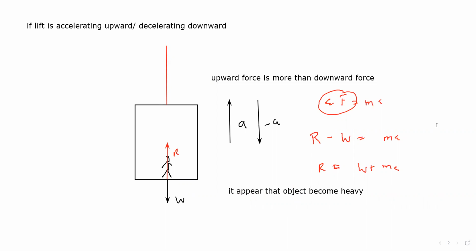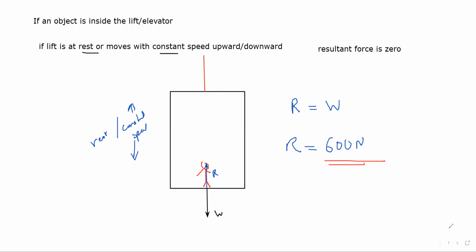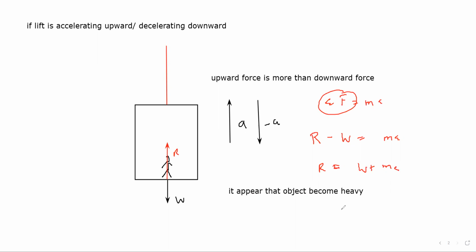Our weight will appear to be higher than the actual value. For example, with the previous example, the weight was 600 Newton. But now, because it is weight plus ma, the weight will appear more than 600. For example, it appears as 650 Newton.